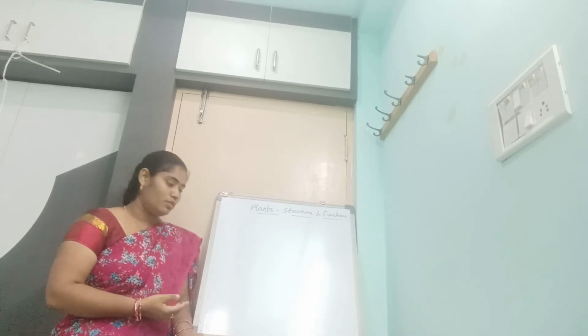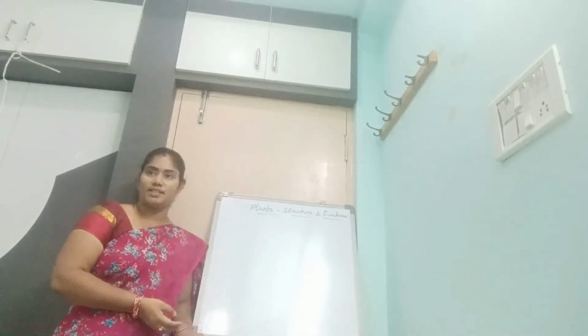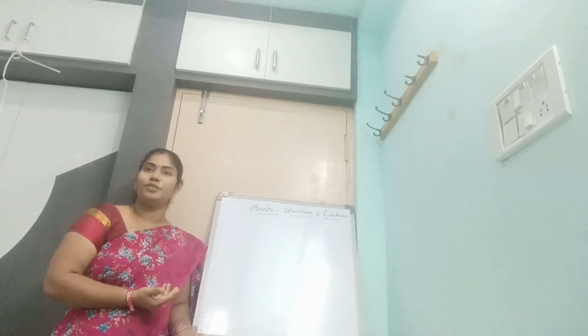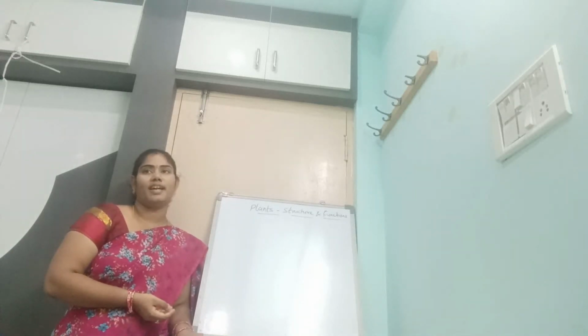Okay. So generally plants have different parts in their body. For example, root, stem, leaf, branches, flowers, buds, fruits, all these are the parts of the plant. So this is the plant.